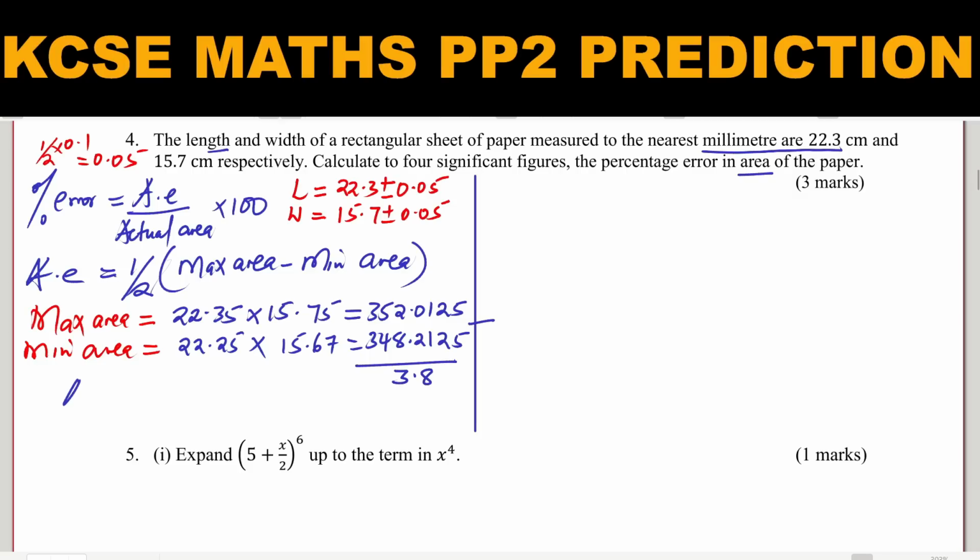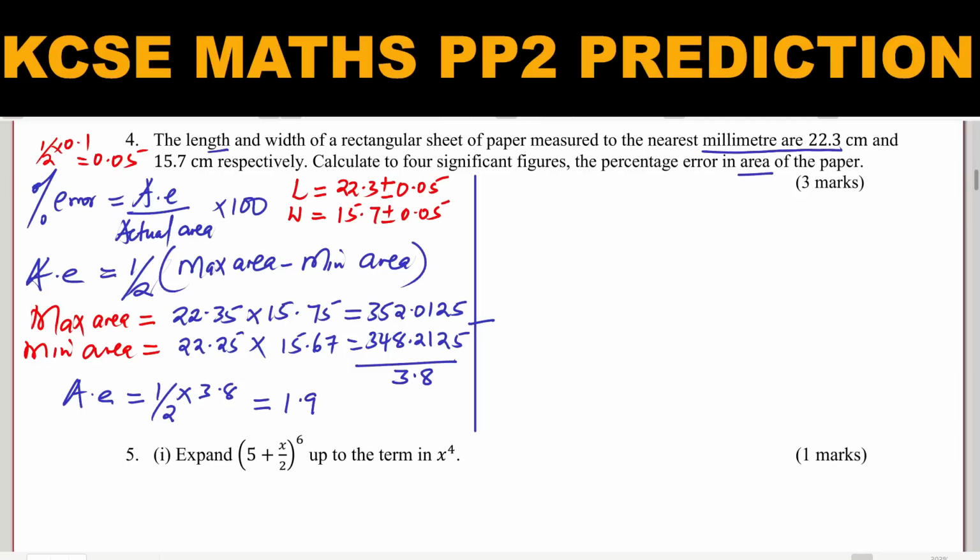Therefore, the absolute error in the calculation of the area will be a half multiplied by maximum minus minimum. We have already subtracted and got 3.8, and this will give 1.9. So that is the absolute error, 1.9.